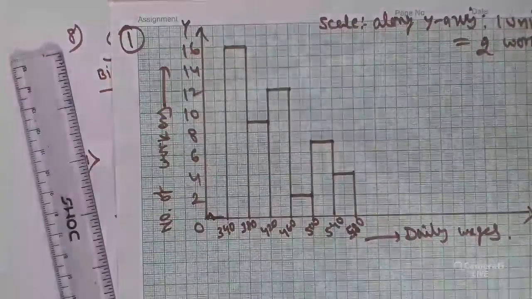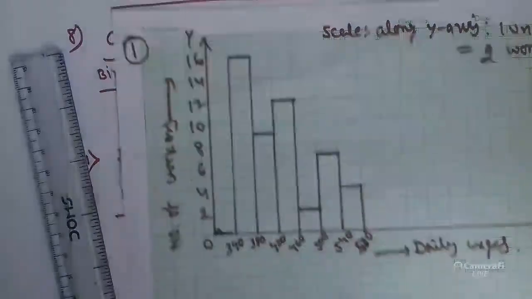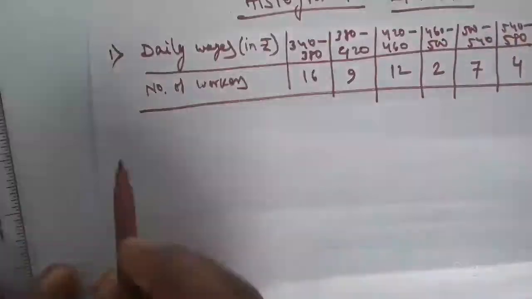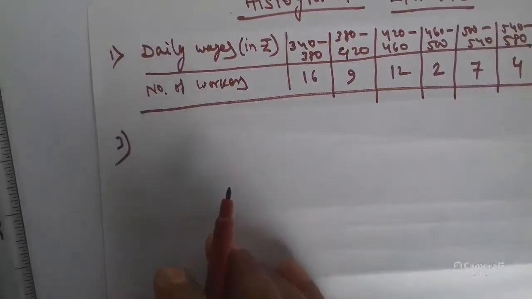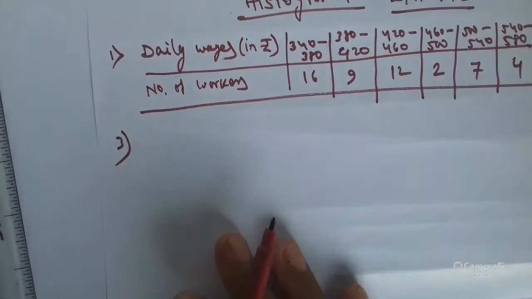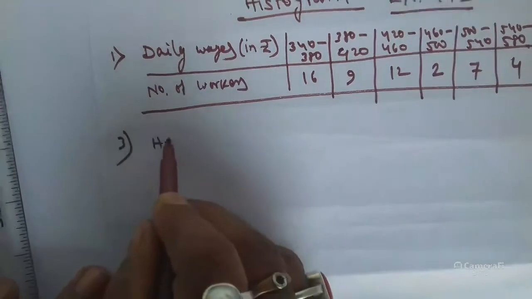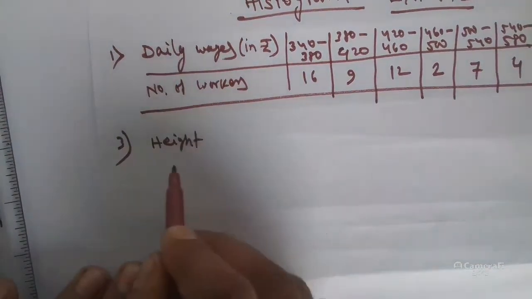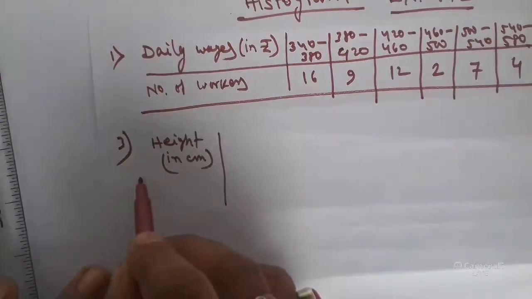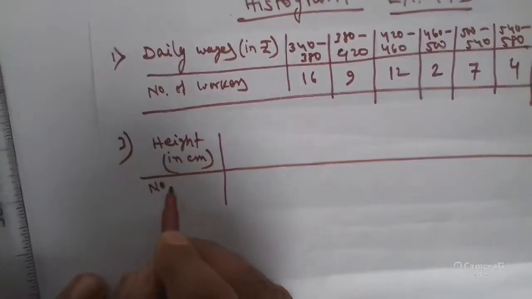Now I am going to solve problem number 3. So the data given is that the heights of 75 students in a school are given below. So at first height in centimeter and number of students.